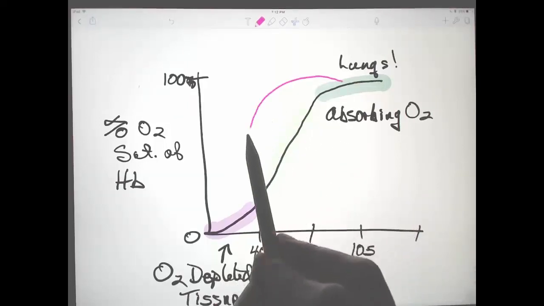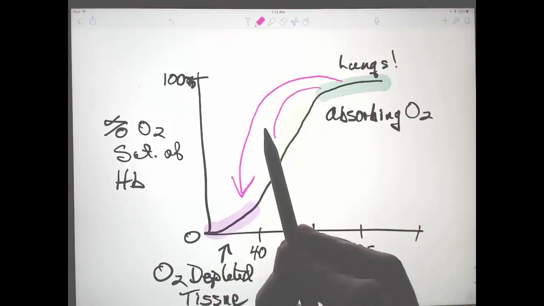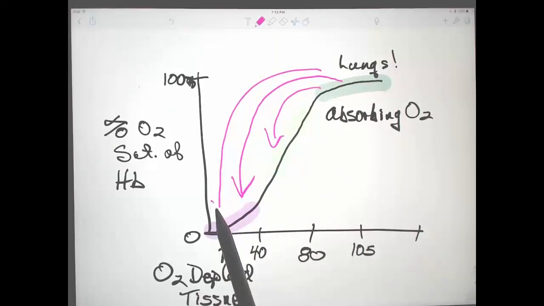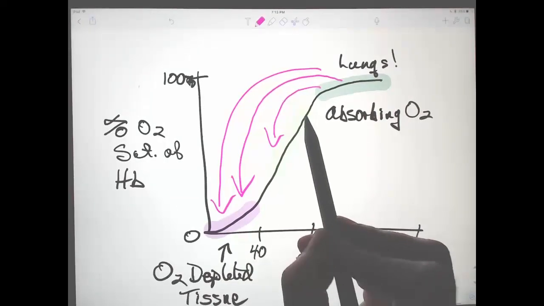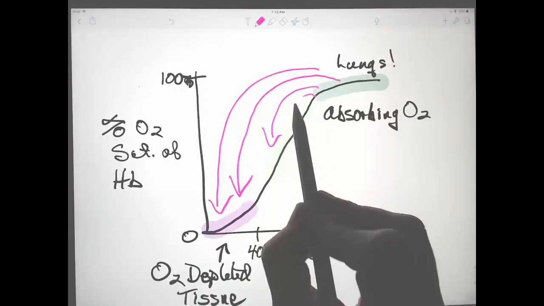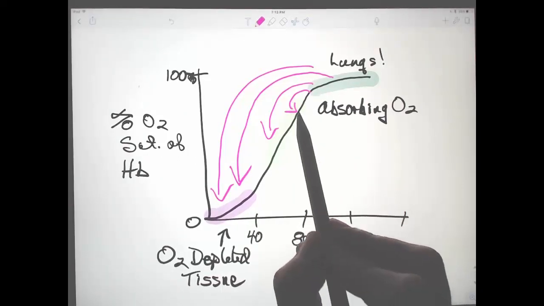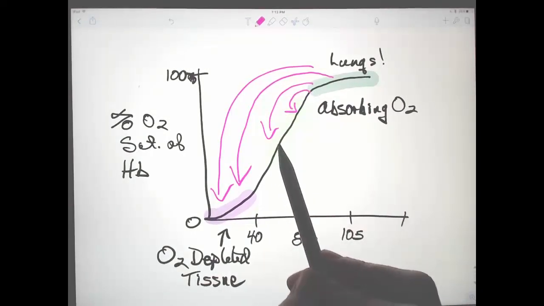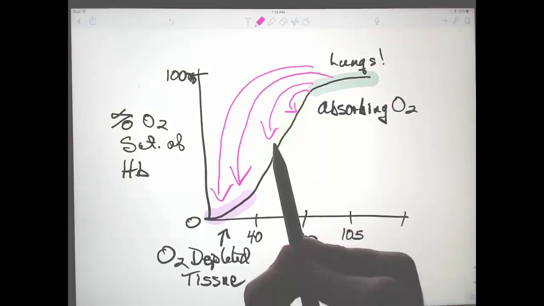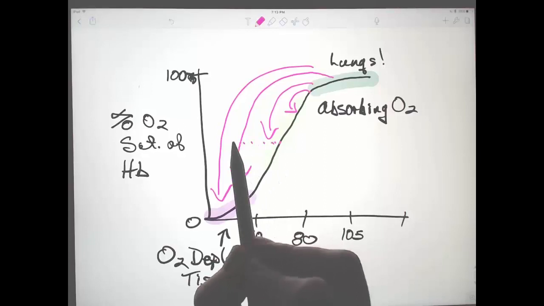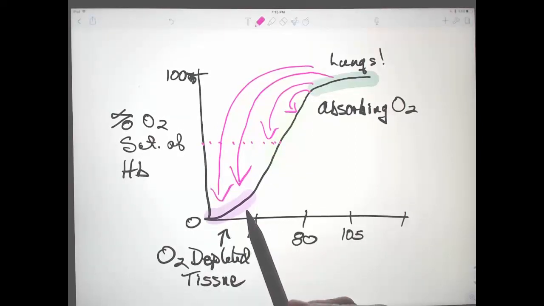And then it moves from the lungs to different areas of tissue. Depending upon where it goes, it may release very little, if it's going through muscle, for example, that is completely relaxed and doing nothing. If it's going through areas that are using some oxygen but not a lot, it will release some but may retain still as much as 50%. Only in severely depleted tissue is it releasing all of its oxygen.